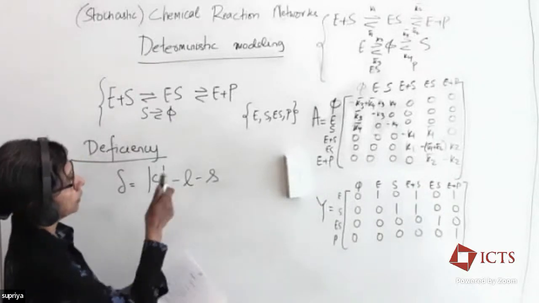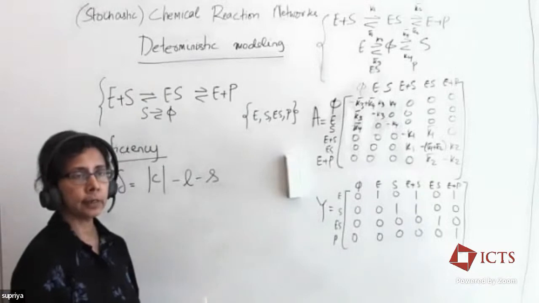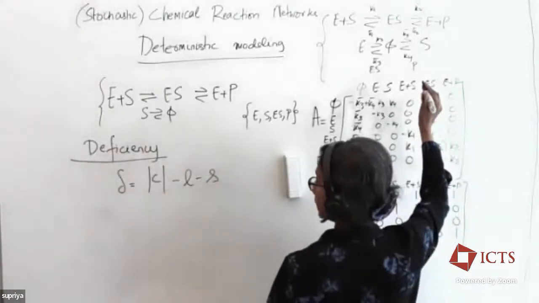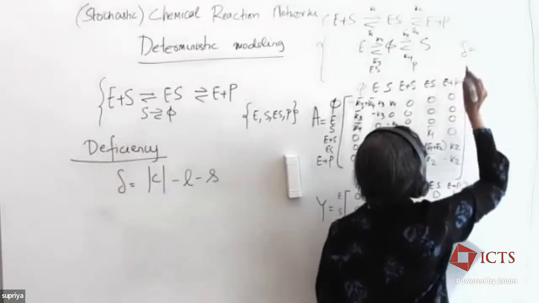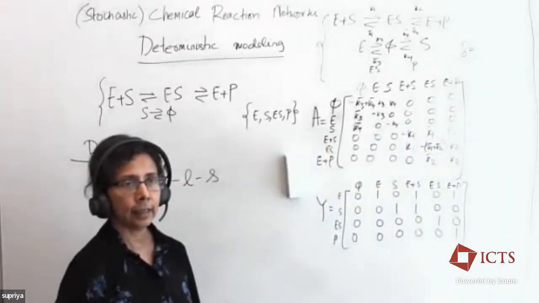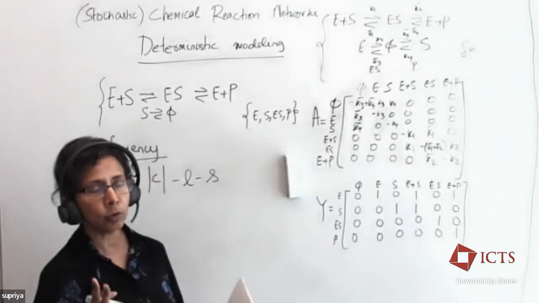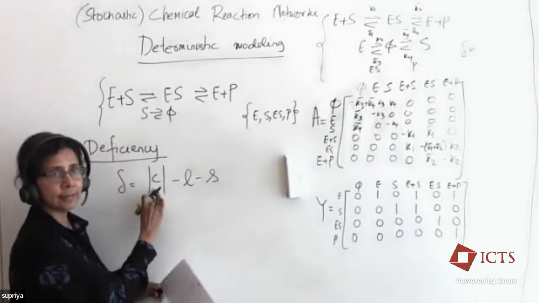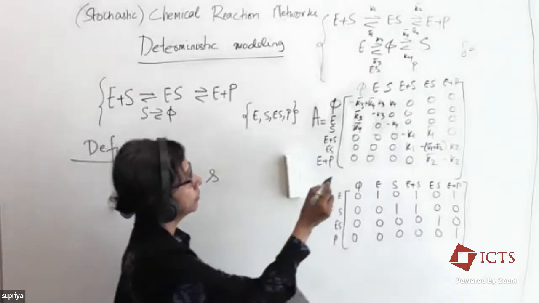So for example, we already have a couple of examples here. Our enzyme kinetic network. What is the deficiency? Here, 6 complexes, 2 linkage classes, and 4, so 0.